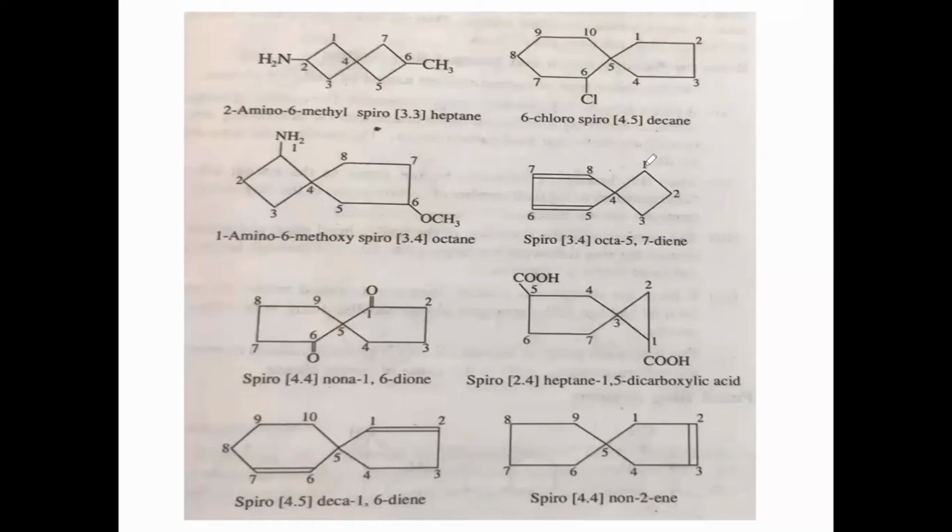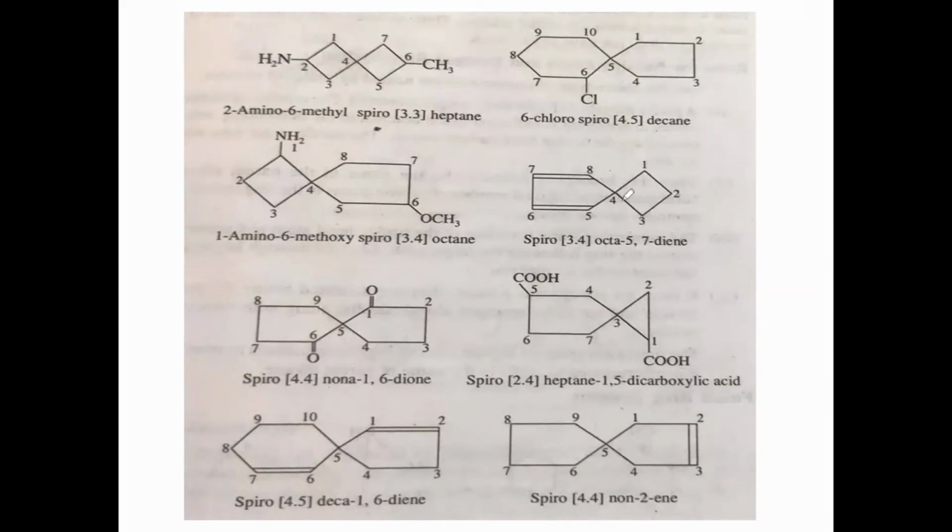While counting the number of parent alkane, you will start from the smallest ring. So we started here 1, 2, 3, 4, 5, 6, 7, 8. The smaller ring is numbered first, you have to remember this. Then the numbering goes through the spiro carbon atom into the larger ring.